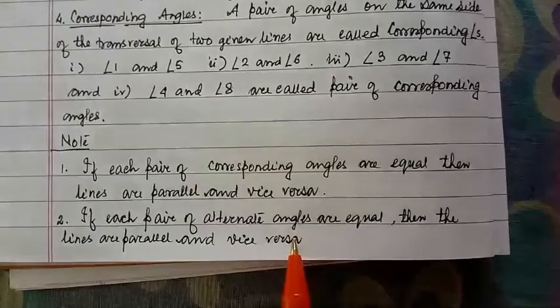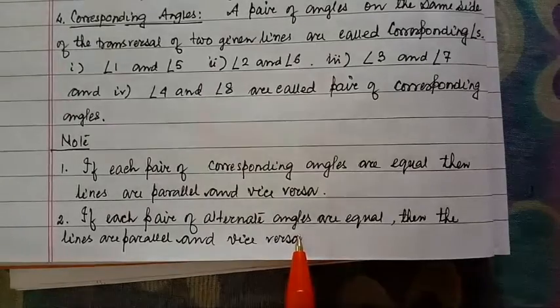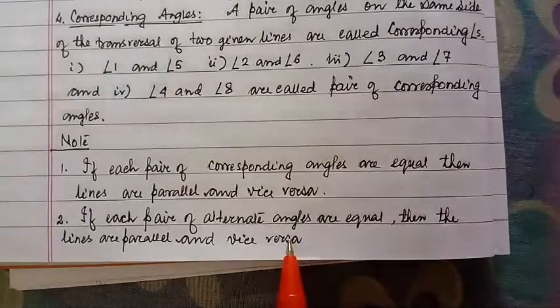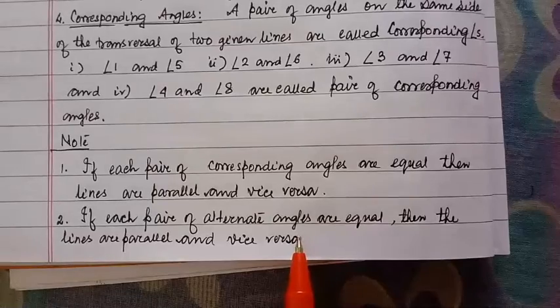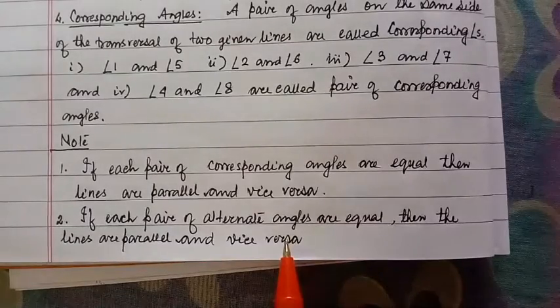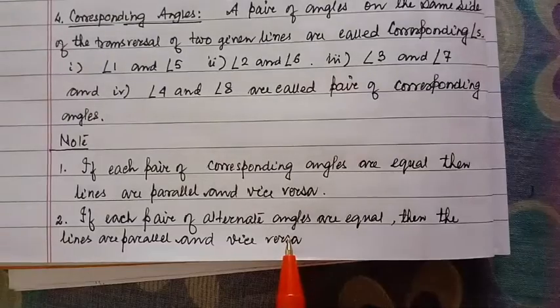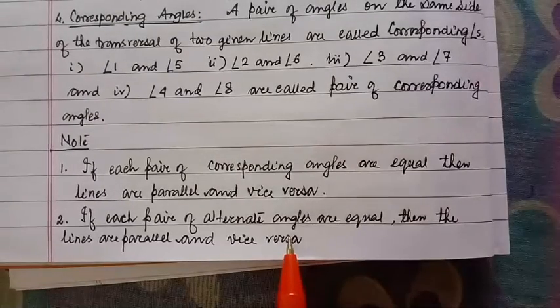Or conversely, if AB is parallel to CD, then the pair of alternate interior angles will be equal, that is angle 4 is equal to angle 6 and angle 3 is equal to angle 5.